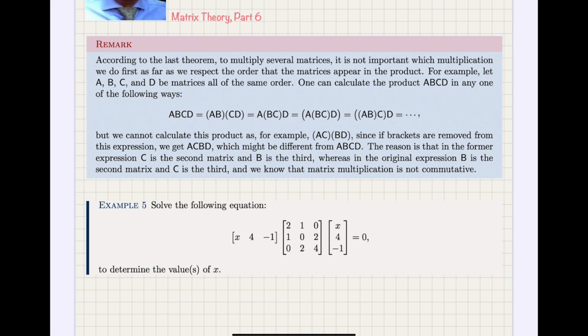But of course, if you want to convince yourself, it's an interesting exercise to see why, based on purely associative arguments, these two are the same, and why this one and that one are the same. Because associativity deals with 3 matrices.